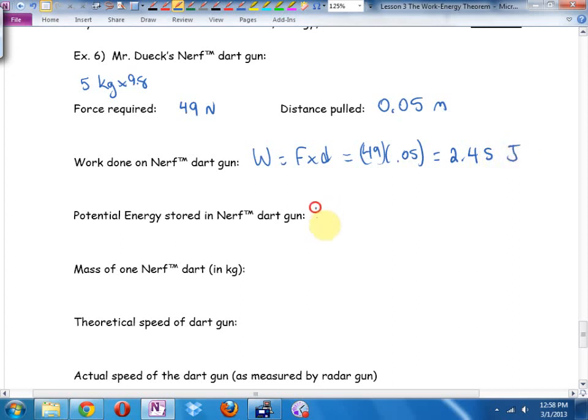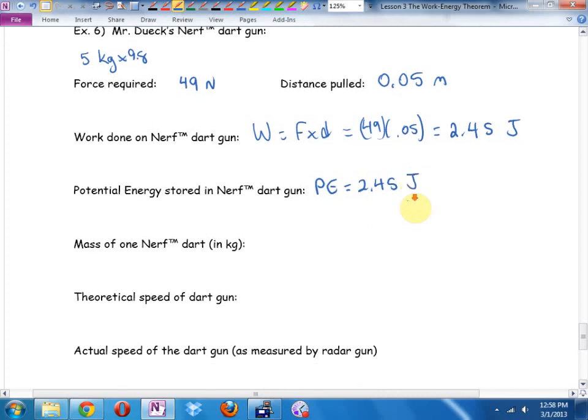So that's how much potential energy I stored. This isn't gravitational potential energy. This would be, I don't know, air compression potential. Whatever, it's stored energy. I don't know if it's springs in there or air compression or what. I got to take it apart one of these days.